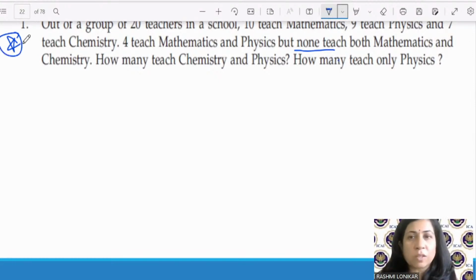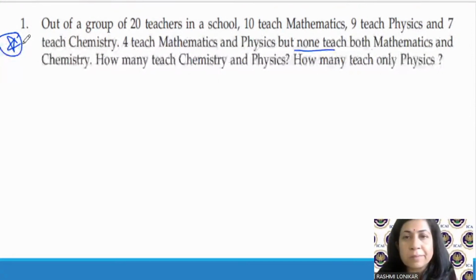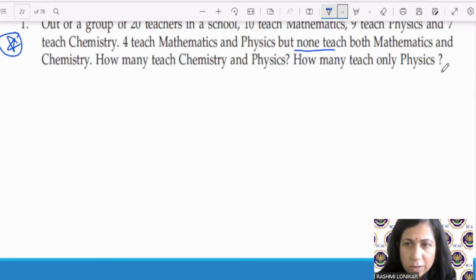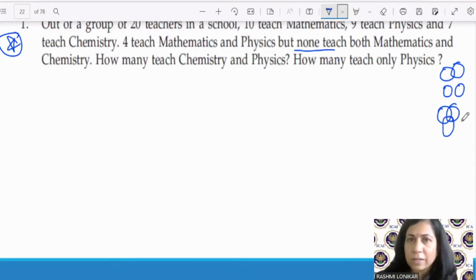Okay, this is specially important. I have specially chosen this because whenever I have sums like this, I either draw 2 circles for a Venn diagram or 3 circles. Okay, this is a bit unique. Normally how do I draw? I draw like this, or if they are disjoint, I draw like this, or if there are 3 sets, I draw like this, right? This is what we usually do. But here, what are they saying? Out of a group of 20 teachers in a school, 10 teach mathematics, 9 teach physics, and 7 teach chemistry. 4 teach maths and physics, but none teach both maths and chemistry.